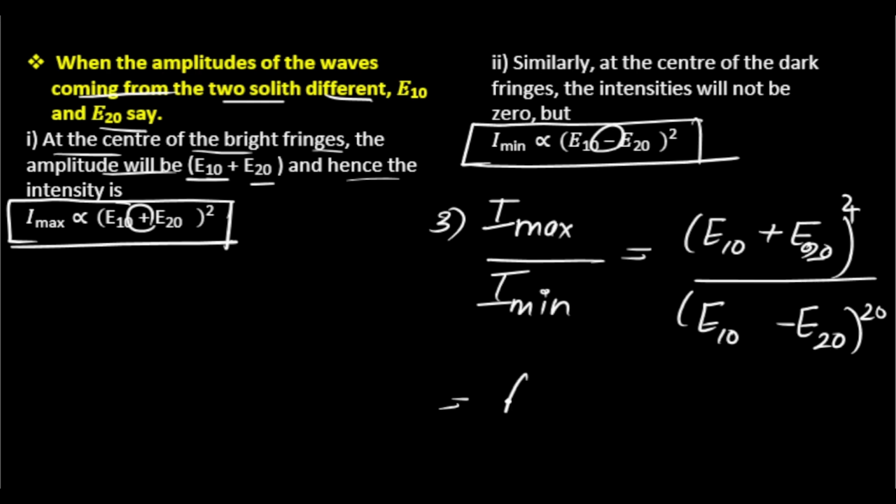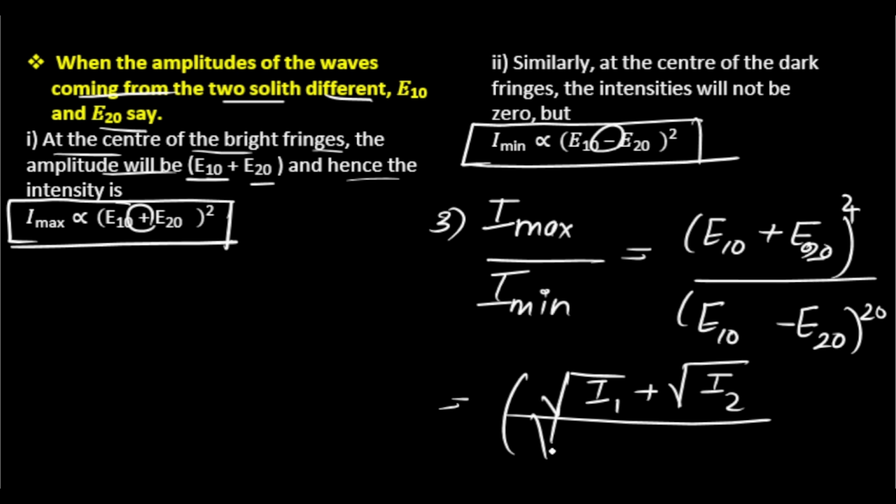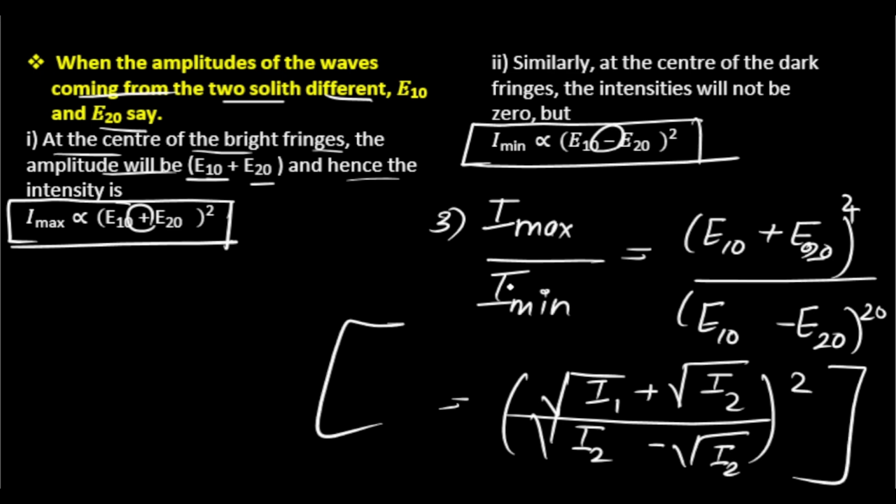It shows us in terms of intensity: root of I1 plus root of I2 the whole square. Just let me correct it. So I max upon I min is root of I1 plus root of I2 the whole square divided by root of I1 minus root of I2 the whole square. This is a very important formula, the I max upon I min formula.